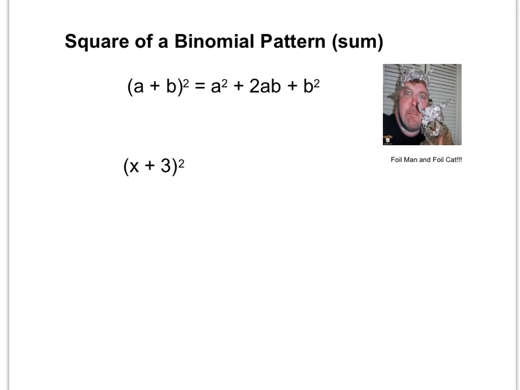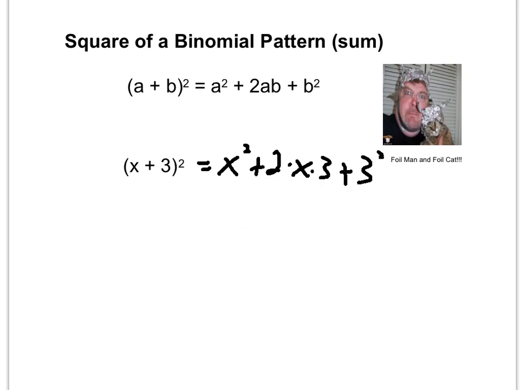Again, I'm going to plug this into the formula here, and here's what it looks like. If we just plug this in, we notice that this is an addition binomial and it's squared. So it's the first term squared plus 2 times the first term times the second term plus the second term squared. Again, this is just me drawing out.